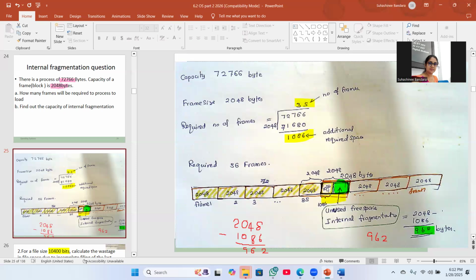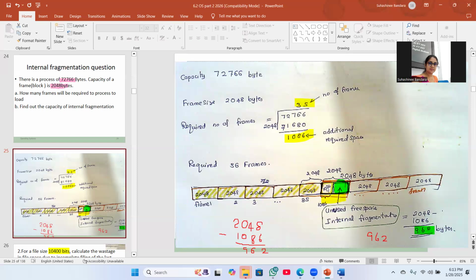So page size, frame size, and block size, all three are the same. The same program's block unit, we are going to save in two locations. So in a program, there's a small unit of program block, and when it is saved in the hard disk, we call it pages. When it's saved in the random access memory, we call it frames.